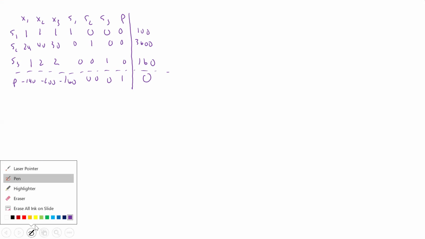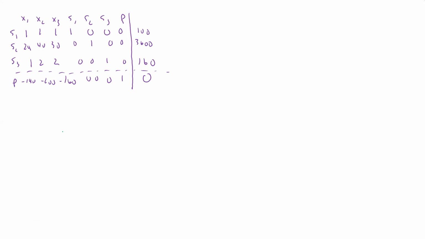So now what we can do is find which one is the most negative of the indicators down here, and that looks to be this one. Okay, so for a quotient, I don't know how many we can get on a page here. We're going to take 100 and divide that by 1 because that's in that column, and we get 100.